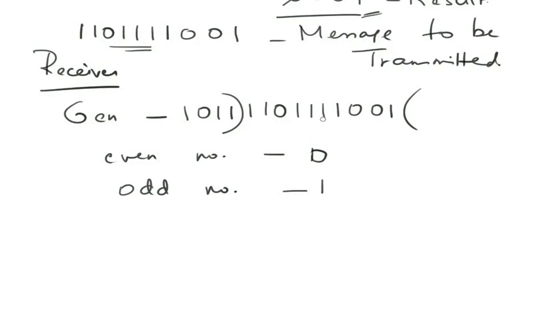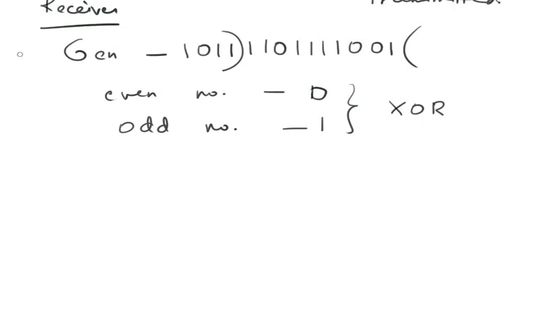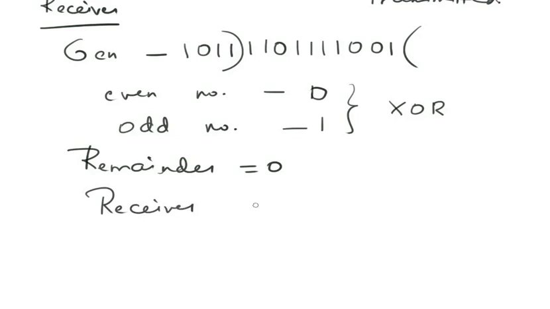Now after dividing completely, if the remainder is equal to 0, the receiver understands that there is no error in the message.